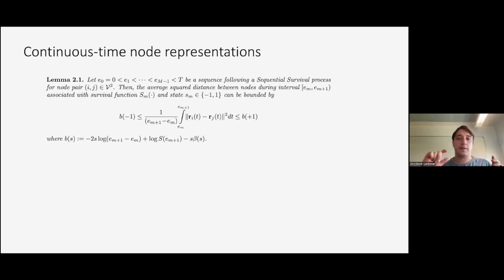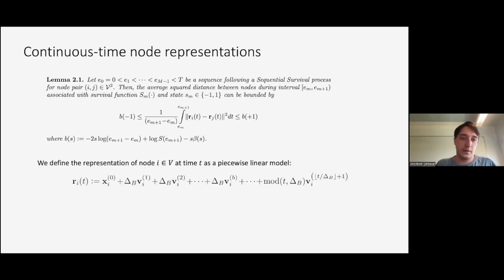If there is some change in the network architecture, we will have a guarantee that the lower and upper bounds reflect these changes in the embedding space. Here we similarly use piecewise linear motions to define the embedding of the node i at time t.